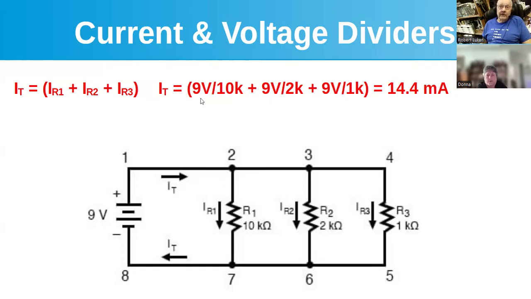And if I plug numbers in to make an example, the total current comes out to 14.4 milliamps because we had a 9-volt battery. And these are 10K, 2K, and 1K resistors, so they don't divide equally. Clear on that one?